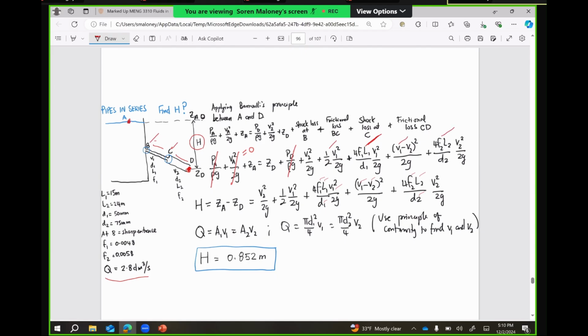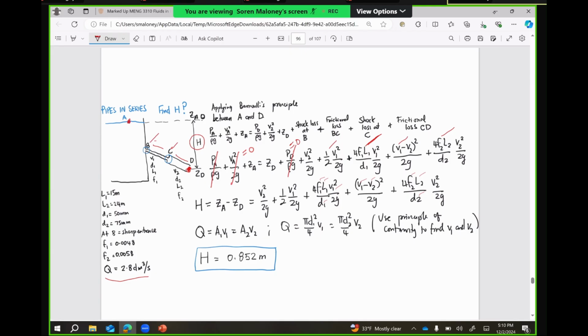And I want to simplify all of this now. So I eliminate terms as before. You can see where I'm eliminating, and then I'm putting in values that have been given.